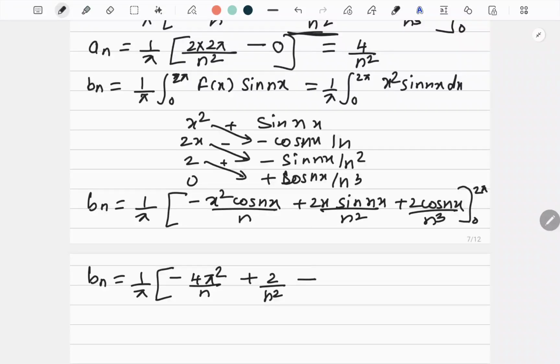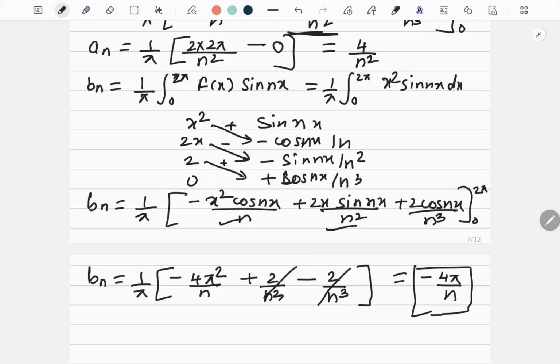Minus, now when I put the lower limit, this becomes 0, this becomes 0, cos 0 is 1. So minus 2 by n cube. See, here it is n cube, so this and this will get cancelled and my value is minus 4 pi by n. This is the value of Bn.